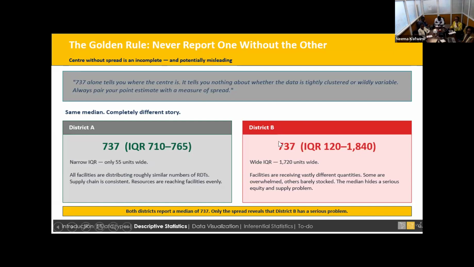Once you present the point estimate together with the measure of spread, it gives you an understanding of how spread out your data is, and it will also help you when you're distributing resources or doing a particular intervention. Both districts report a median of 737, but only the spread reveals that District B has a serious problem.